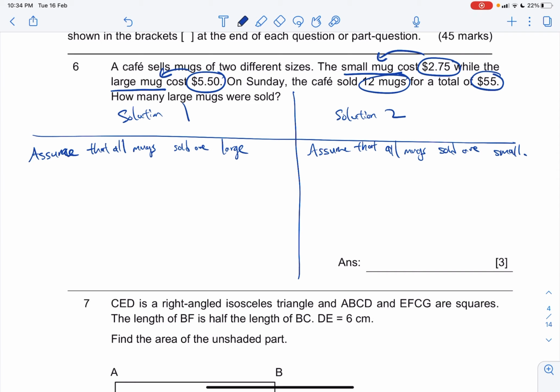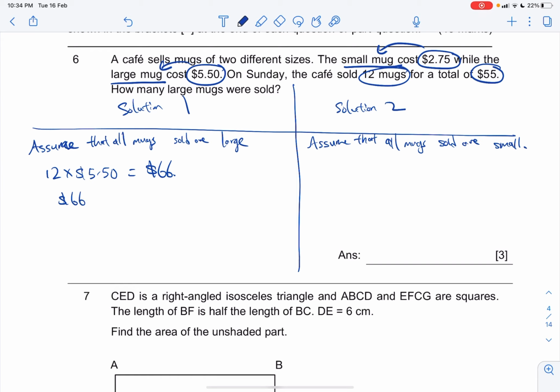So if all mugs sold are large, we have 12 times $5.50 for one mug, which will give us $66. Just hear me out here. The difference, $66 minus the $55, is $11. That means we have an extra $11.